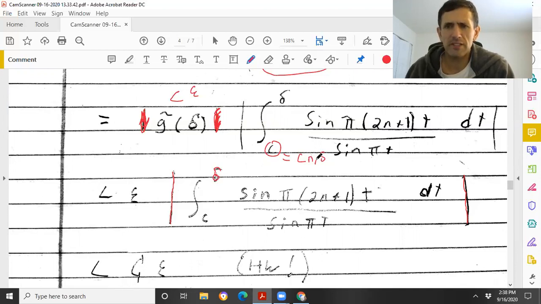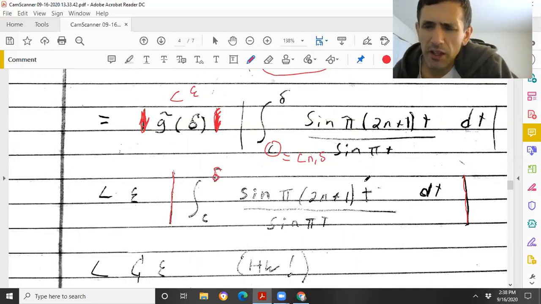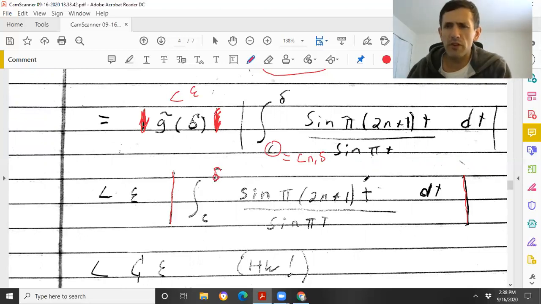So you can let n go to infinity, so there's no issue with different n. It really doesn't matter. Okay? So regardless of what n is, this is going to be less than c times epsilon.